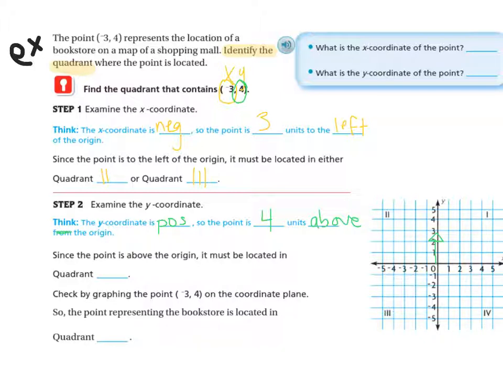Since the point is above the origin, it must be located in quadrant 2. Since it's above the origin, and we already knew it was either 2 or 3, it's going to be in this quadrant up here. Okay, that's how I figured that out. So the point representing the bookstore at -3, 4 will be in quadrant 2.